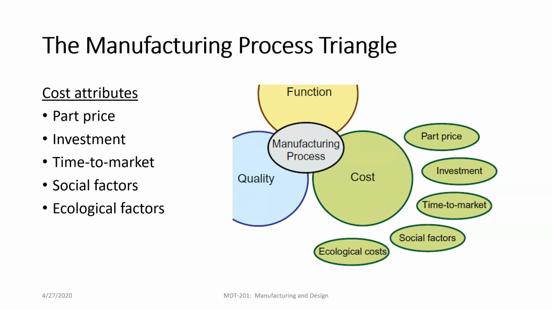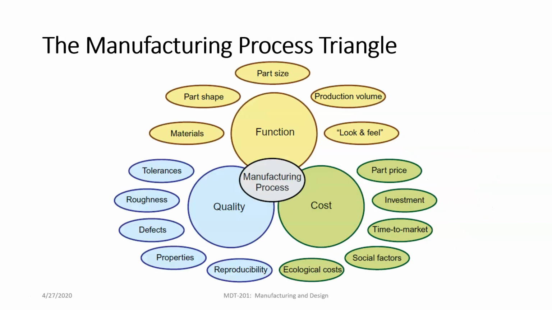So all these factors go into the cost attribute. Okay. So when we look at everything together, the product manufacturing process triangle of quality, function, and cost has a lot of different sub-attributes along each area: function, quality, and cost. All of those come into play when we're choosing our manufacturing process.